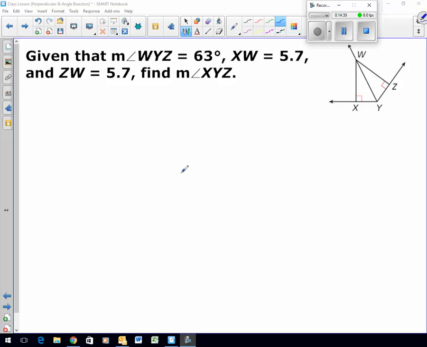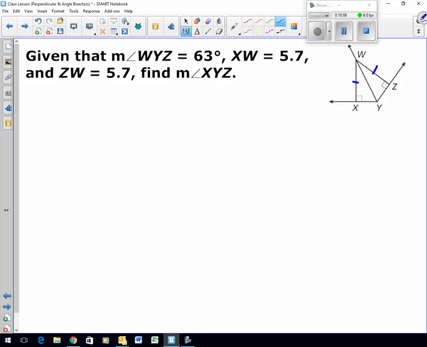They are. All right, well, quit listening to Ms. Myers. Start listening to me. See, like right now, how you're not doing it? Okay, so XW is 5.7, ZW is 5.7. Are those the same? If measurements are the same, do we just call them congruent? So can you conclude that these two are congruent?